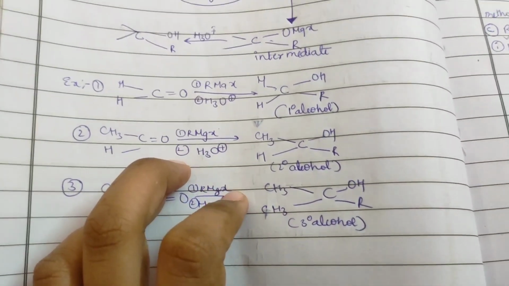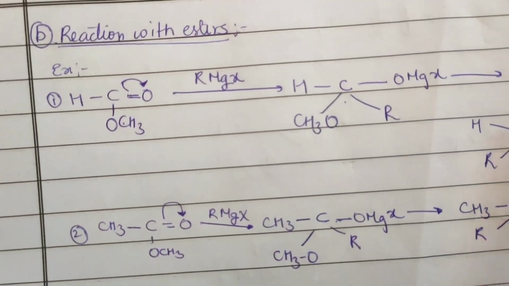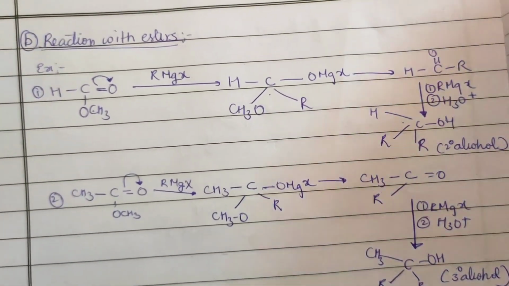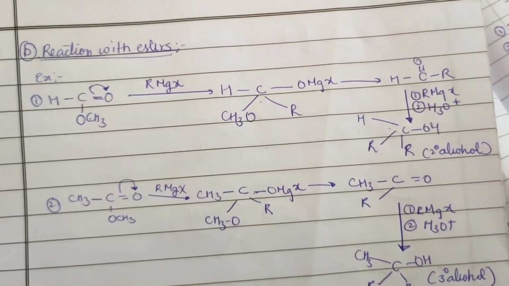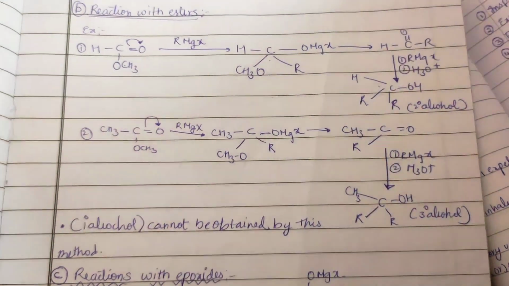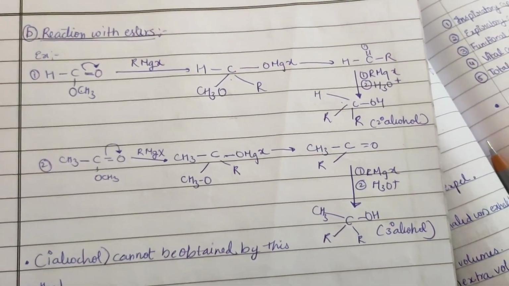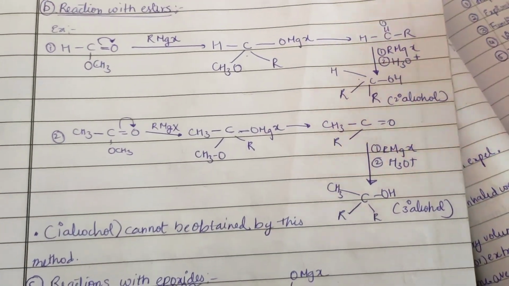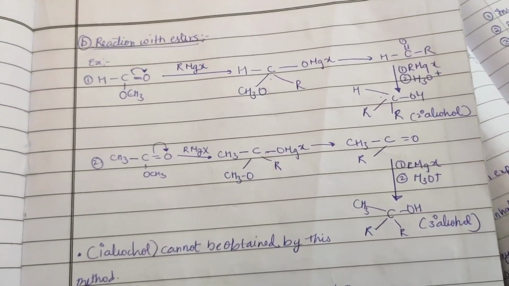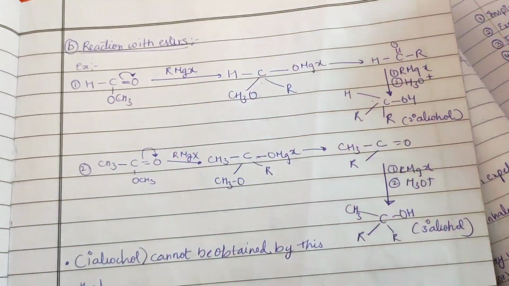Here reaction with esters. For example, here you can see HCOOCH3, which gives rise to secondary alcohol. Then the second example gives rise to tertiary alcohol. Primary alcohol cannot be obtained by this method. With reaction with esters, we will not get primary alcohol.